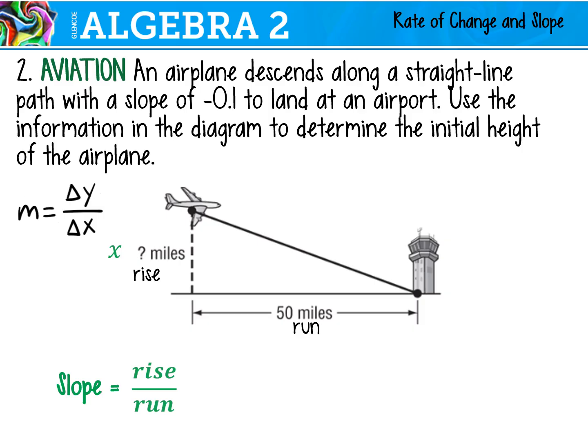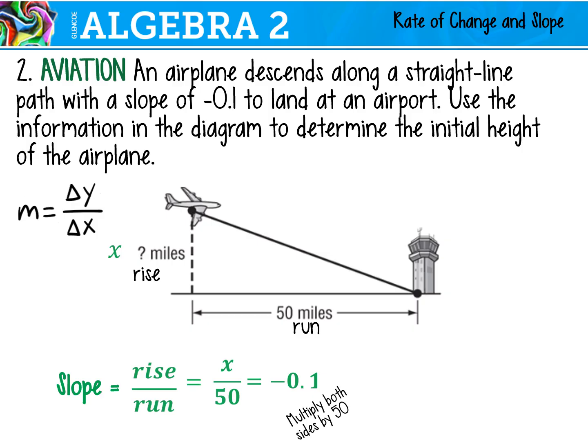There's our rise and there's our run. So x over 50. But we know what that slope is supposed to be. It's supposed to be negative because they're going down to the airport. Negative 0.1. So let's write that equation.